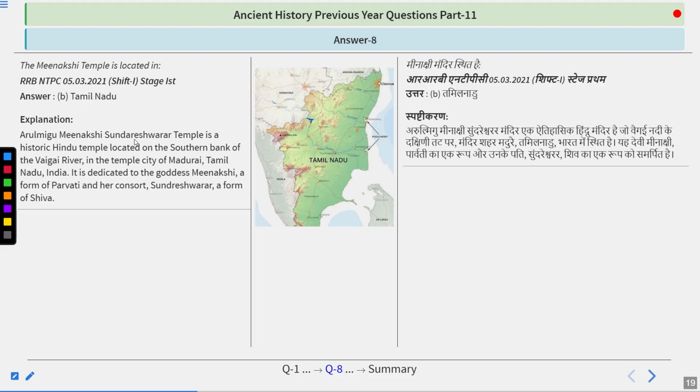So Arulmigu Meenakshi Sundareshwar Temple is a historic Hindu temple located on the southern bank of the Vaigai River in the temple city of Madurai, Tamil Nadu, India. It is dedicated to goddess Meenakshi, a form of Parvati, and her consort Sundareshwarar, a form of Shiva. So Meenakshi temple, very famous, it is in Tamil Nadu.